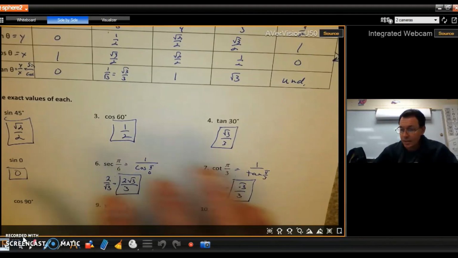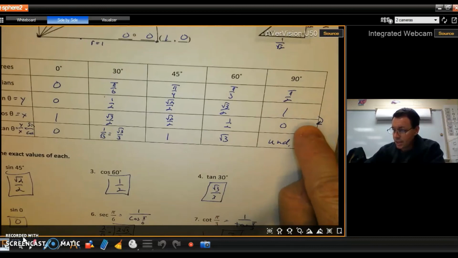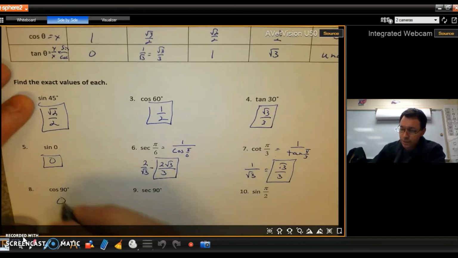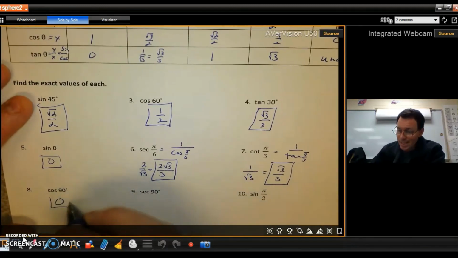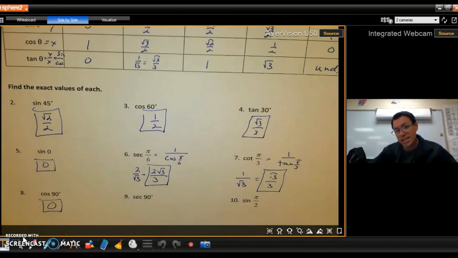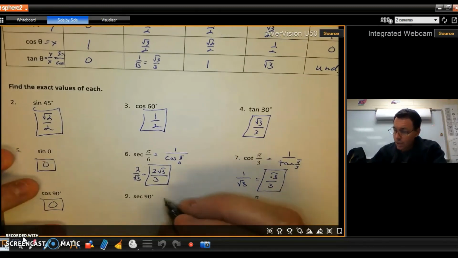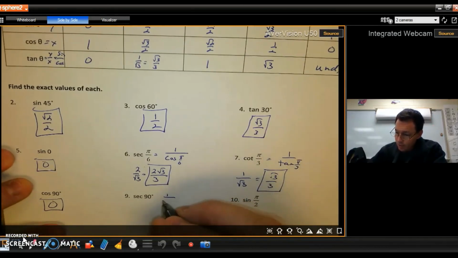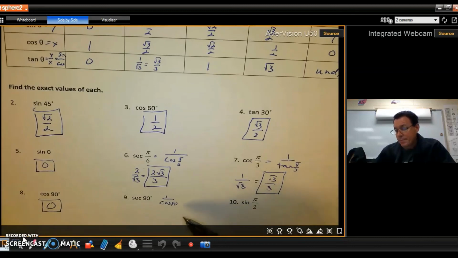What's the next one? What's the cosine of 90? Cosine 90 is 0. That's it. How about the secant of 90? Well, again, what is secant? Secant is the reciprocal of the cosine. So I want to do the reciprocal of what the cosine of 90 is. Well, cosine of 90 we just said is 0. So look at what I have here.